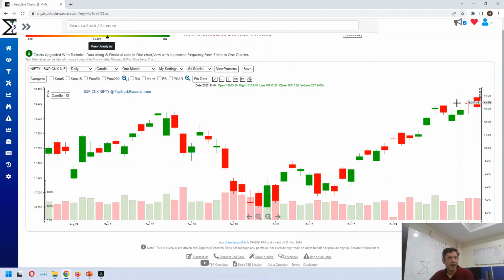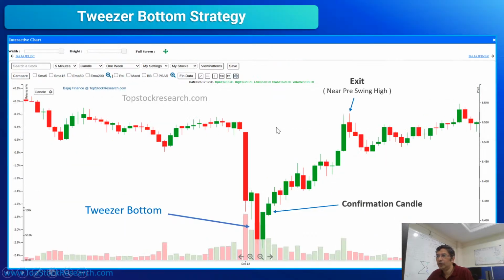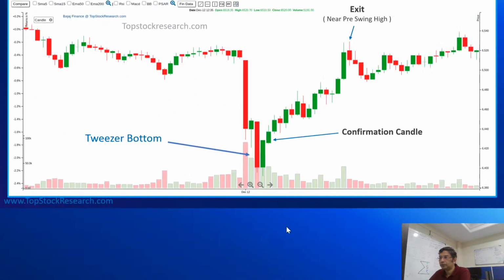This is Nifty. Gap ups and gap downs happen generally in a high volatility market, when either local factors are affecting, or macroeconomic or global factors are affecting, or news on a particular stock, or during the quarterly results also. So getting back into this, this is one tweezer bottom, right?